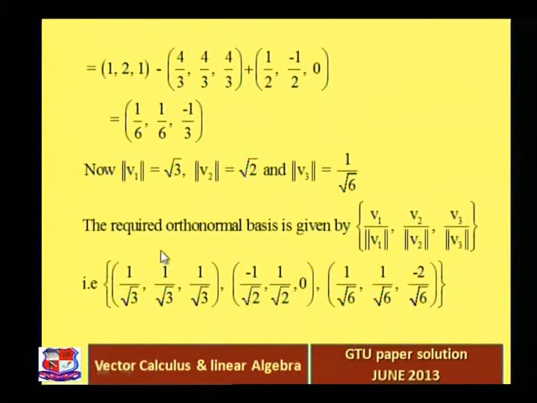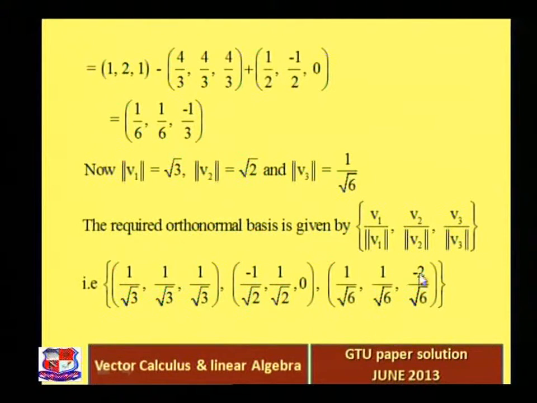So to find the orthonormal basis, we divide v1, v2, v3 by their norms. The required orthonormal basis is v1 upon norm v1, v2 upon norm v2, v3 upon norm v3. v1 is 1 1 1, so v1 upon norm v1 becomes 1 by root 3, 1 by root 3, 1 by root 3. v2 is minus 1 1 0 and norm v2 is root 2, so we get minus 1 by root 2, 1 by root 2, 0.